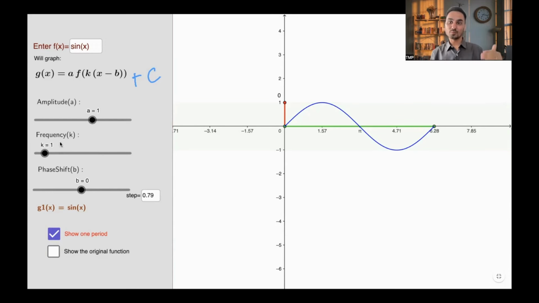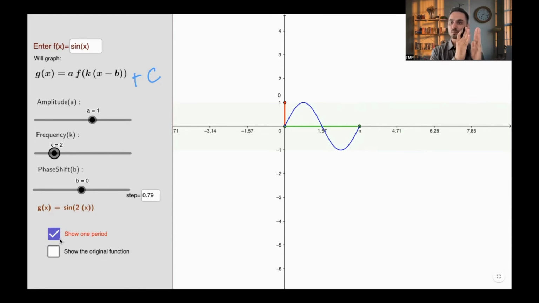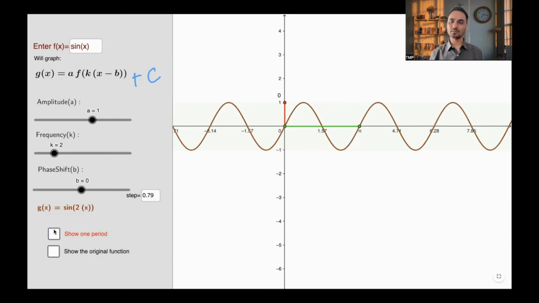But if we change this value of k to 2, now you see that one cycle is completed in 0 to pi. So in an interval of 0 to 2 pi, you will have 2 cycles completed. And if we continue this, you'll see the new graph, or graph of sin 2x.